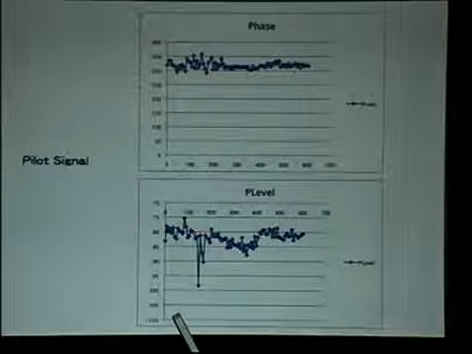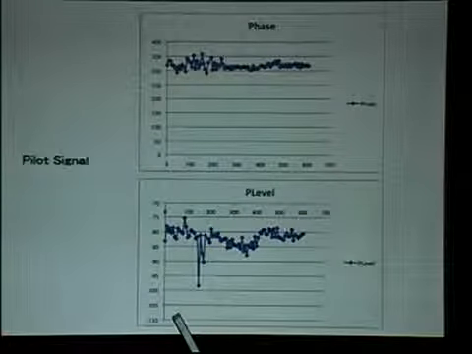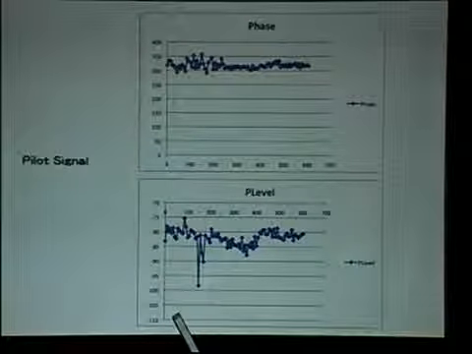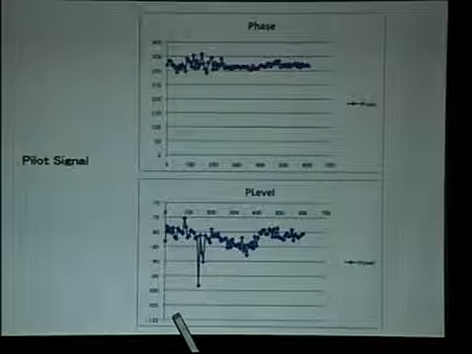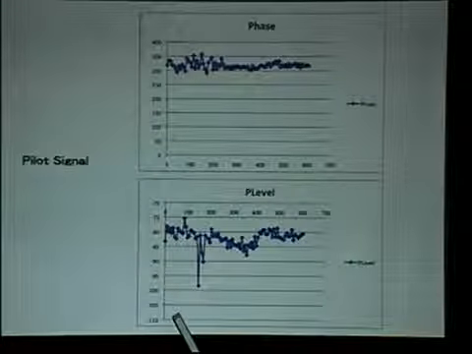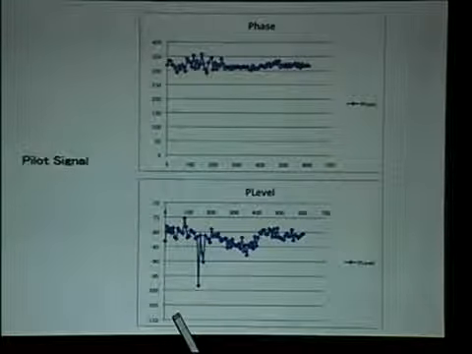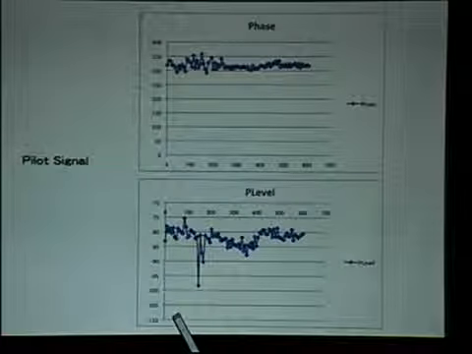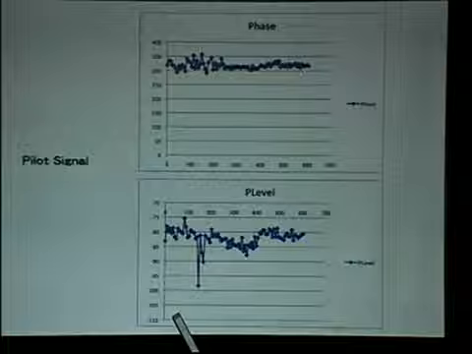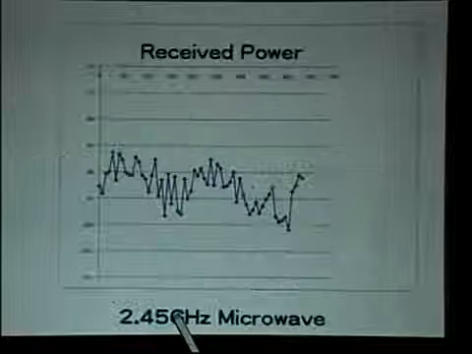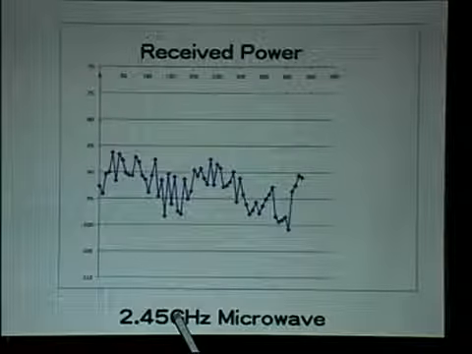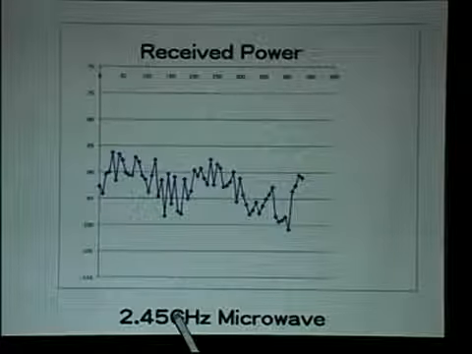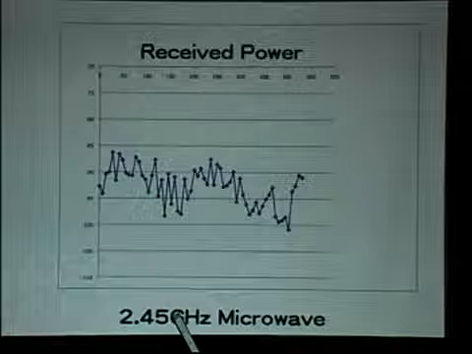You can see it has a big variation. Sometimes it drops by 20 dB, so it is not constant. But the phase is almost the same. The frequency is 2.45 gigahertz. You can see this is 10 dB.